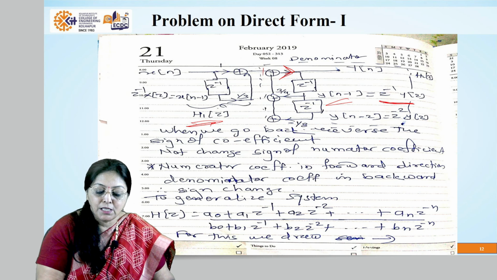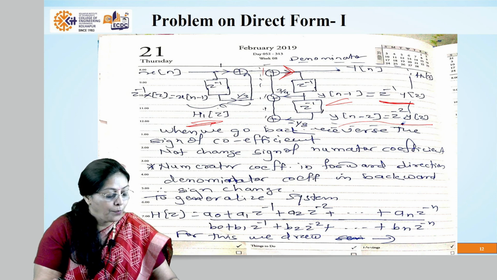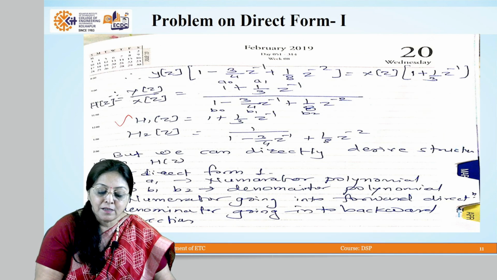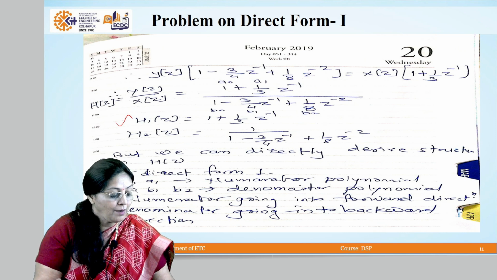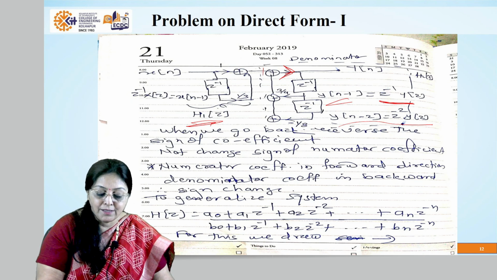So we are using these components multiplied with the constant values which are mentioned in the equation, 3 by 4 and minus 1 upon 8. So minus 3 by 4 becomes plus 3 by 4, and plus 1 upon 8 becomes minus 1 upon 8. So that major change is made here in the realization, right? This is about the direct form 1 realization.